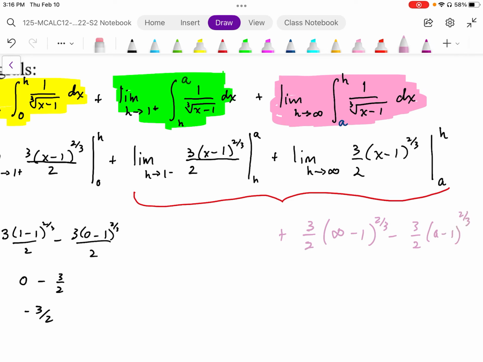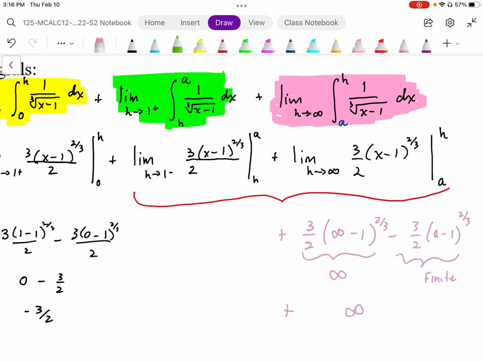No matter what A is, this is a finite value. This is finite, and this is an infinite value. So that pink area is going to be infinite, and so we know that together they must be infinite.